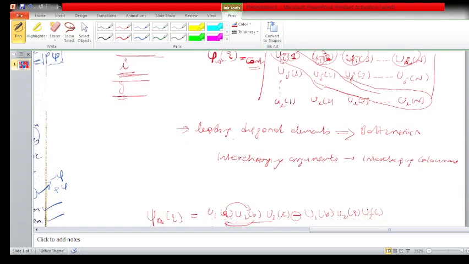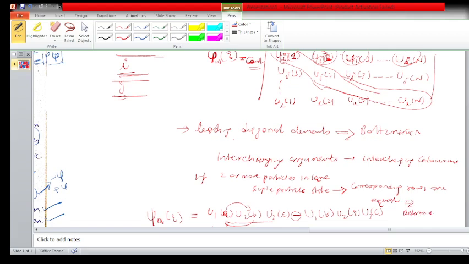What does that mean? If two or more particles are in the same single particle state, then the corresponding rows are equal, which means the determinant will become 0.